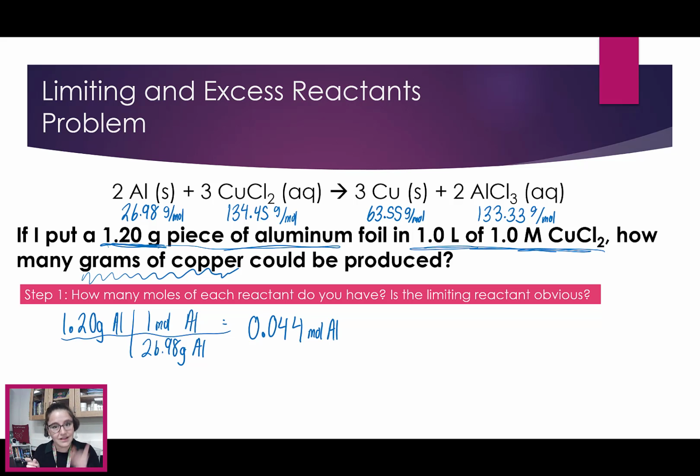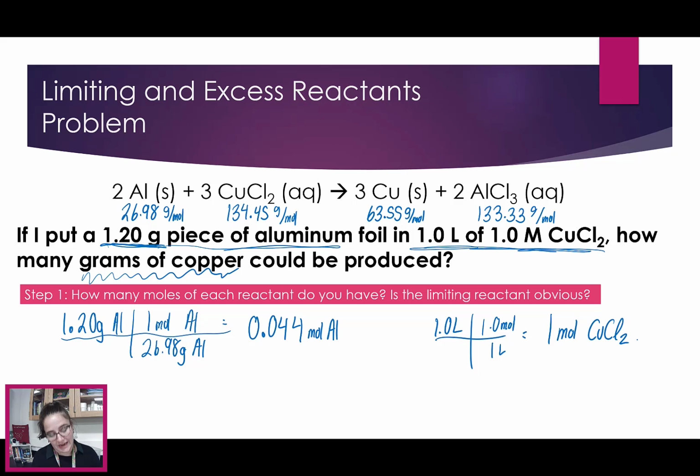Now, for the copper chloride, we can probably do this one in our head. We have 1 liter of a 1 mole per liter solution, okay? So we have 1 mole of the copper chloride. Basically, we have a lot more copper chloride than we have aluminum. Let's see, 1 divided by 0.044, 22 times.